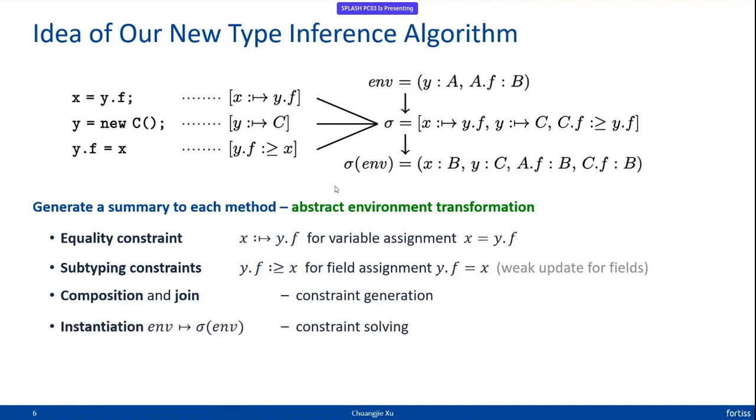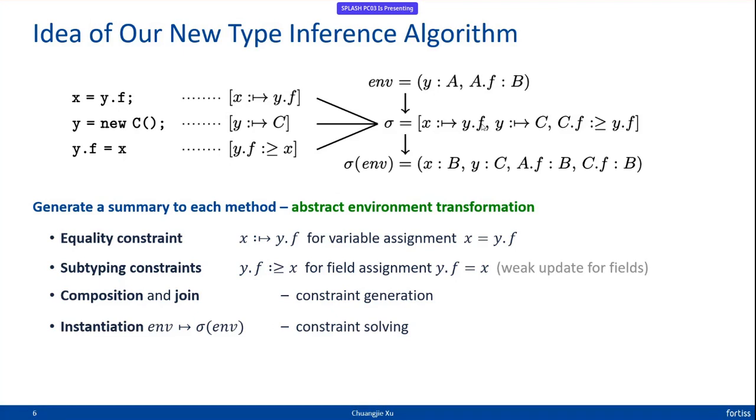And after that, okay, now we should start using it, right? This is just abstract notation, and we should instantiate or concretize it to do the computation of the environment of the types. So now suppose we have some input environment saying what the type of y is, what the type of the field f in an object of type A is, and so on. Then we can apply this abstraction function to the input environment, and we get the updated environment.